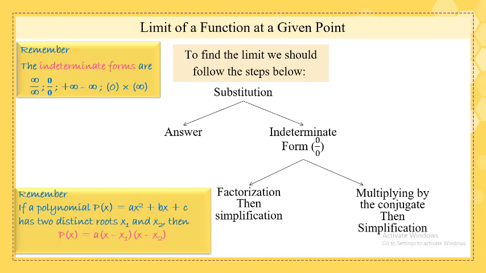Remember, if a polynomial p(x) has the form ax squared plus bx plus c, it has two distinct roots. Using delta, p(x) will be equal to a(x minus x1)(x minus x2). Also remember, the conjugate of a plus b is a minus b.